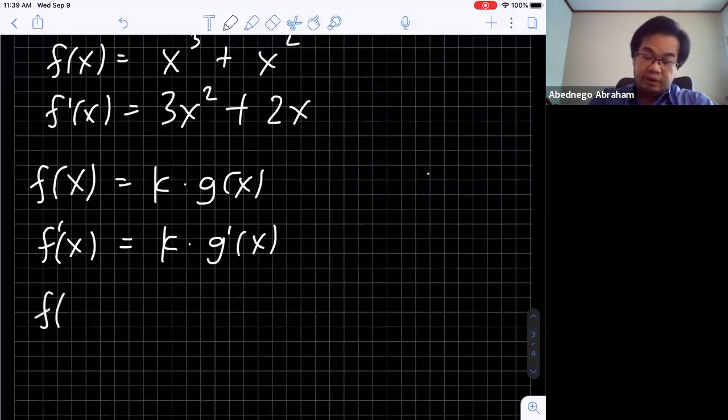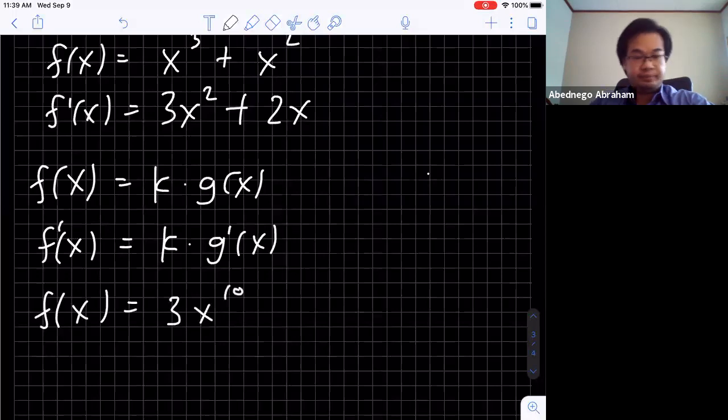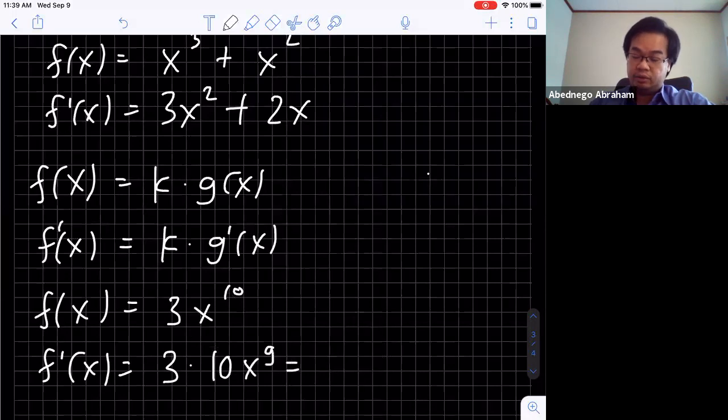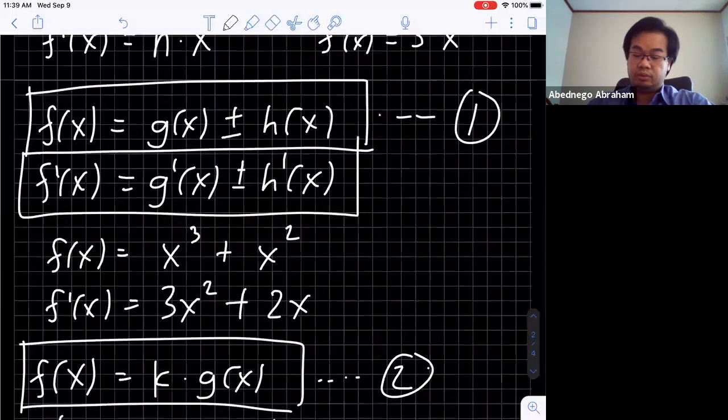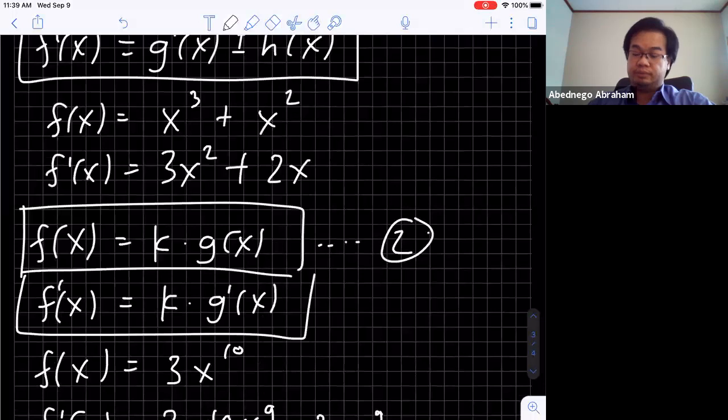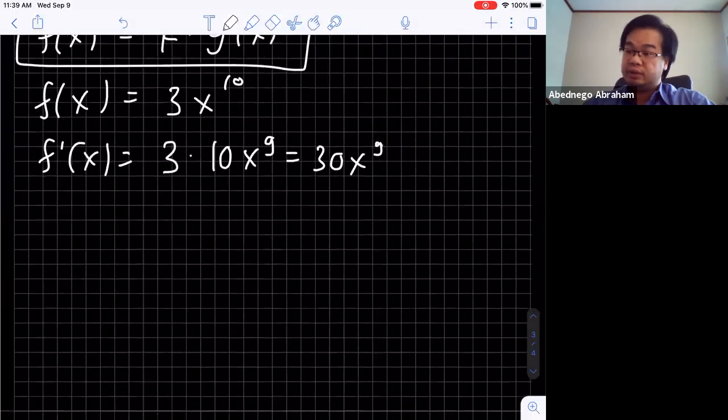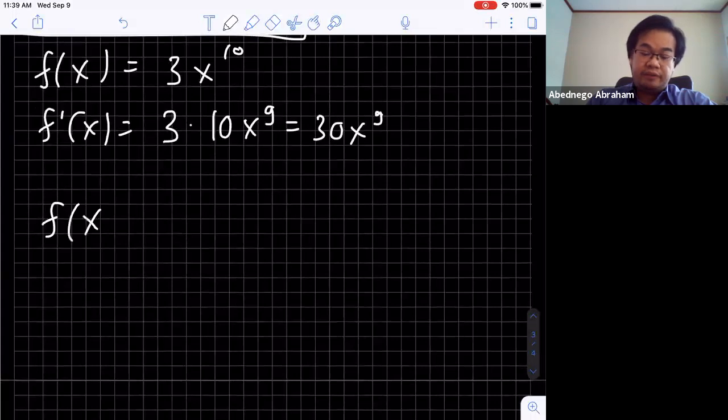For example, if f(x) equals 3x to the power of 10, then f prime of x is equal to the coefficient, which stays as the multiplier, times the derivative of x to the power of 10, which is 10x to the power of 9, which gives 30x to the power of 9. So this is the second property.